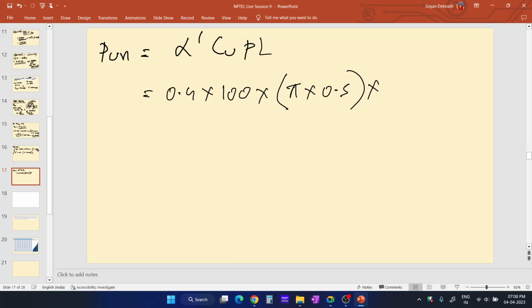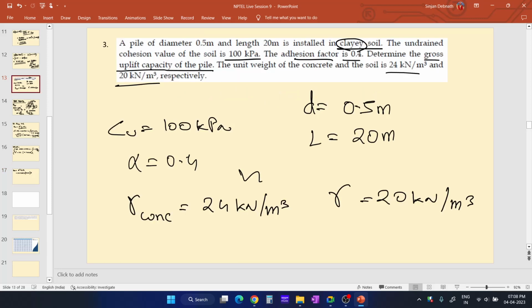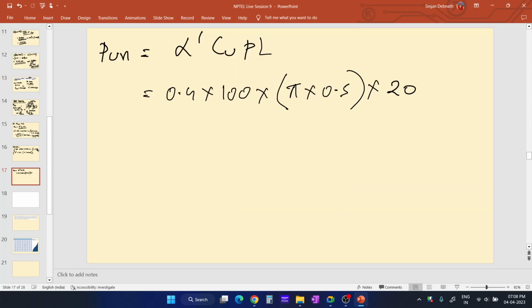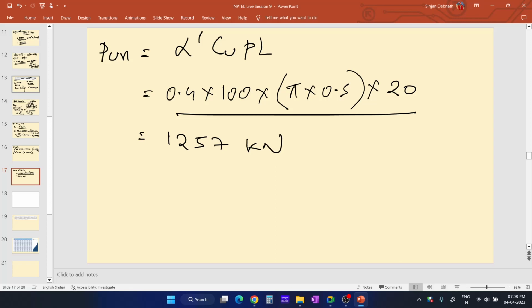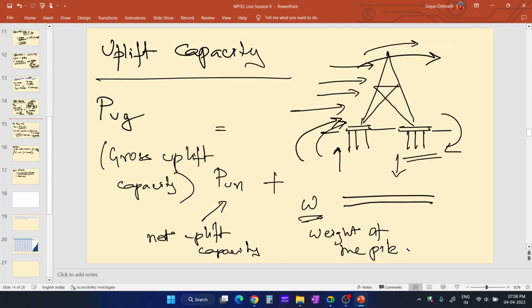Let me check once. The length of the pile is 20 meter. So L is 20. If you calculate this equation, you will get the value of PUN to be 1257 kilonewton.